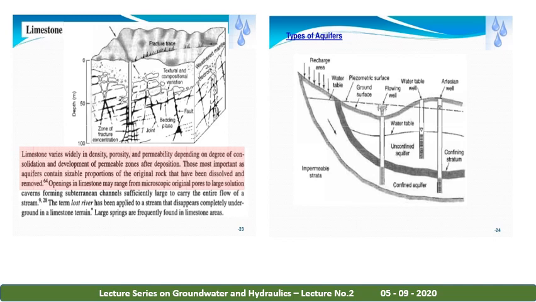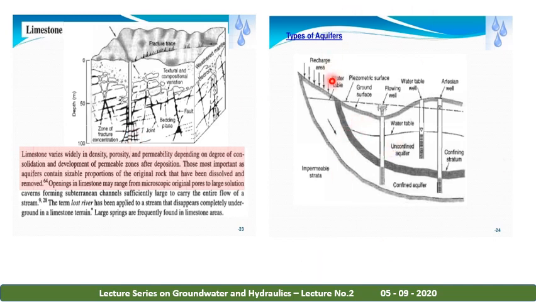After deposition, the zone most important as an aquifer contains sizable proportions of the original rock that have been dissolved and removed. Openings in limestone may range from microscopic original pores to large solution caves, cave-like structures.